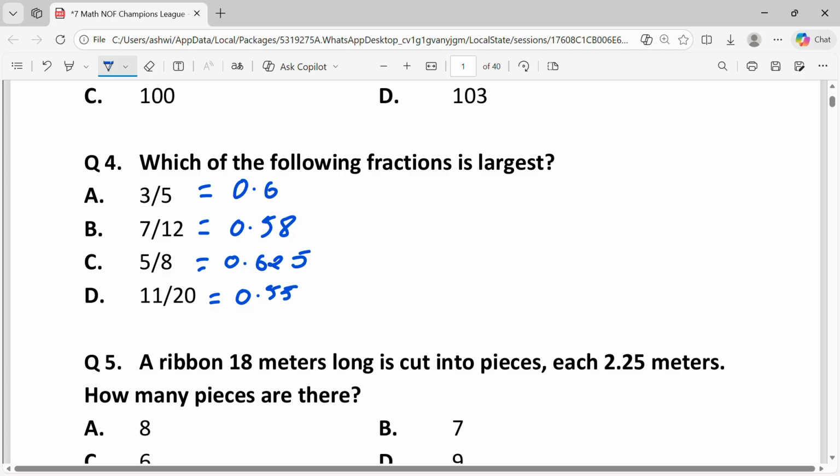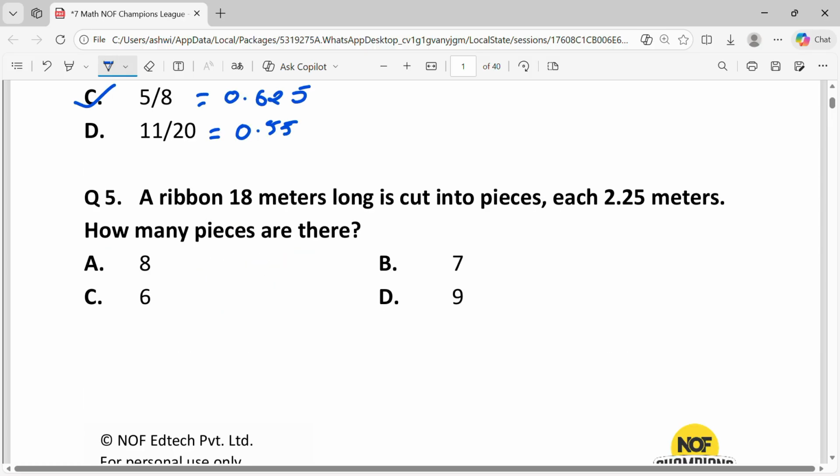And 11 by 12 is equal to 0.55. So the largest fraction among all of these is option C, 5 by 8, which is equal to 0.625.